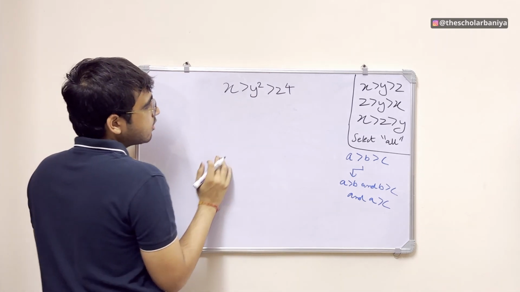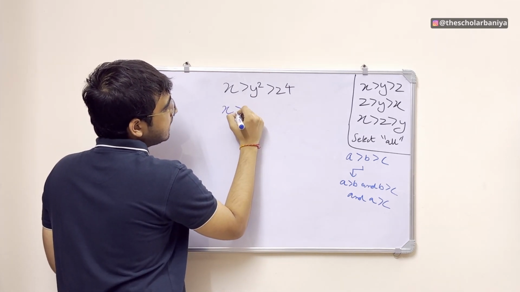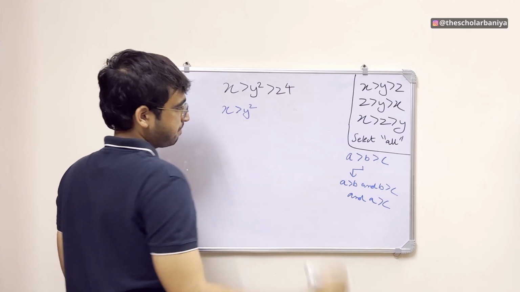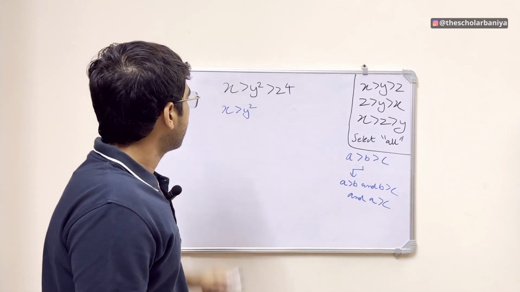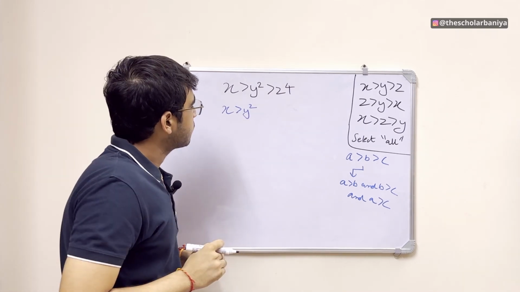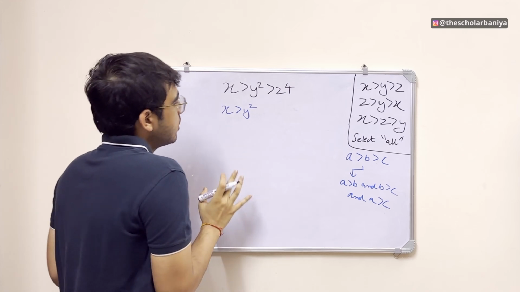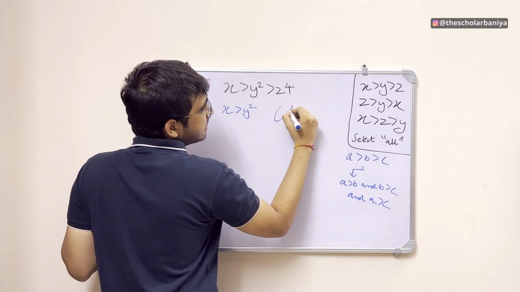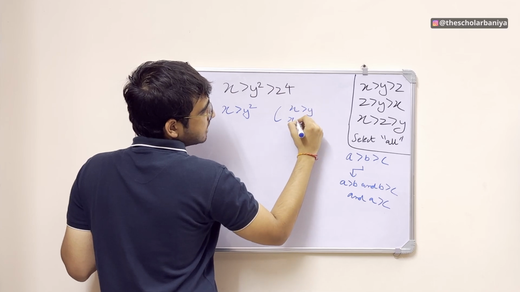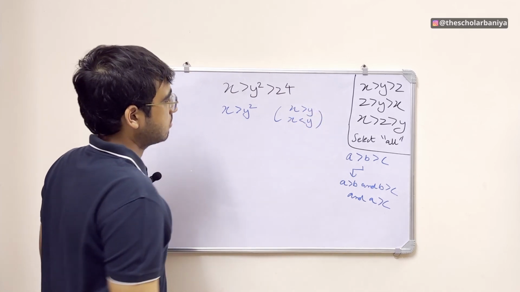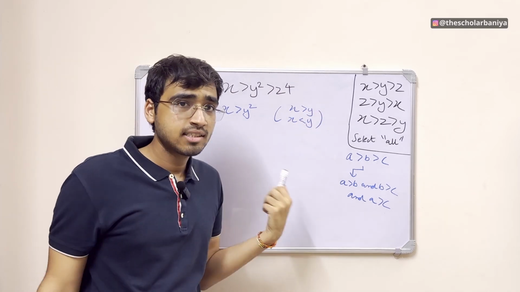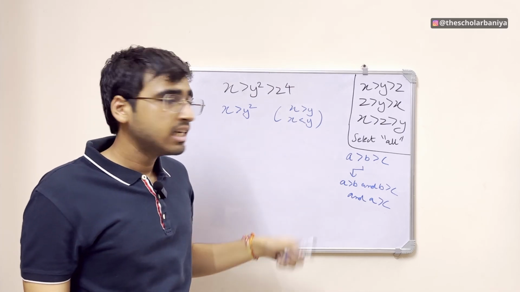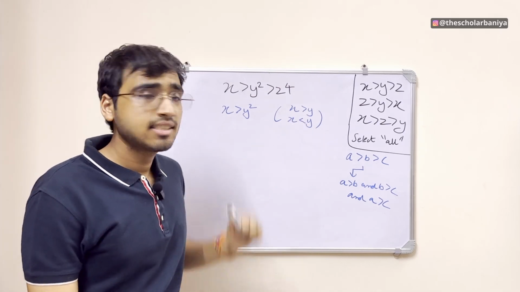So let's take the case of x is greater than y square. Okay, so now we have to prove that in this case, if x is greater than y square is given, we have to find if x is greater than y or if x is less than y.